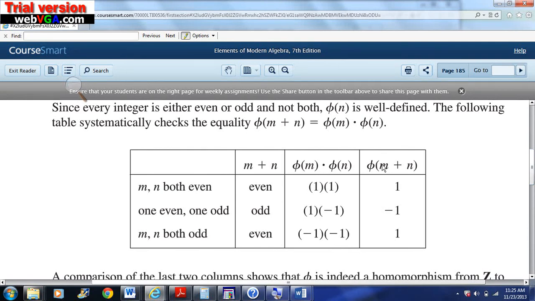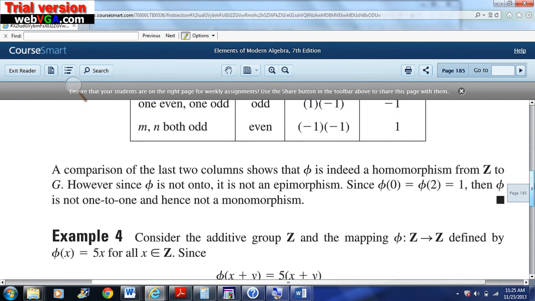And if we look at phi of m plus n, if both numbers are odd, then of course m plus n would be even, and then phi of m plus n would be 1. And here we have negative 1 times negative 1, which is also 1. So that shows completely that the property holds. A comparison of the last two columns shows that phi is indeed a homomorphism from Z to G.